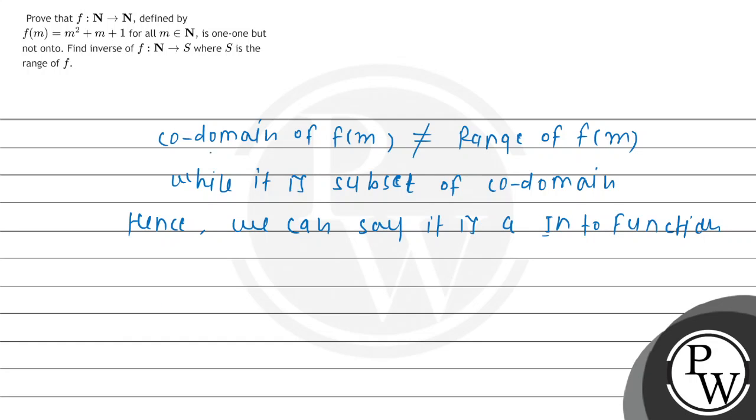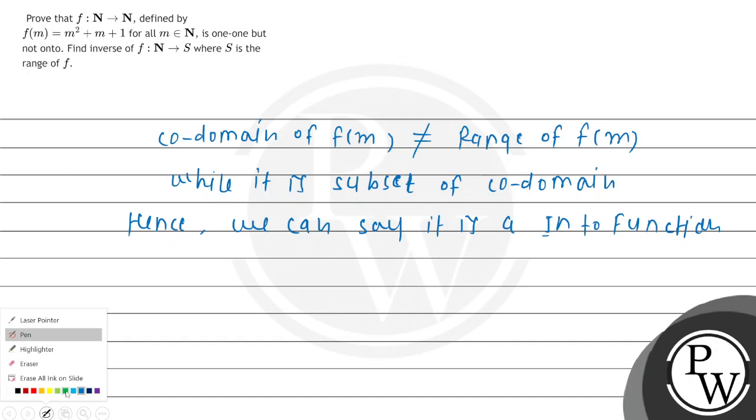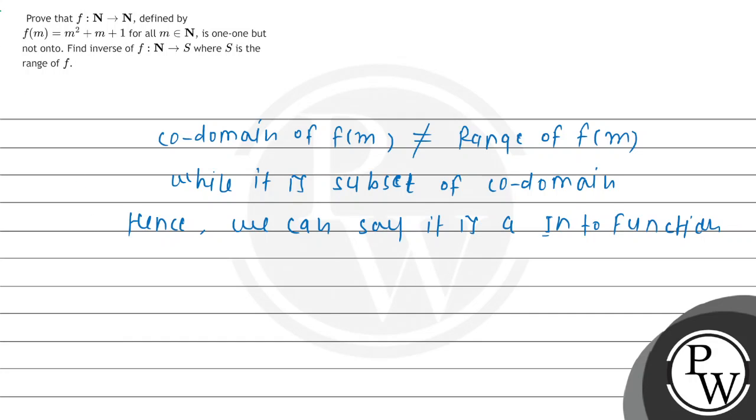Into function. So now we'll try to find the inverse of this function. First of all, we know that to find the inverse, we have to put the values m and n. Suppose we are considering f(m) as y, m² + m + 1.